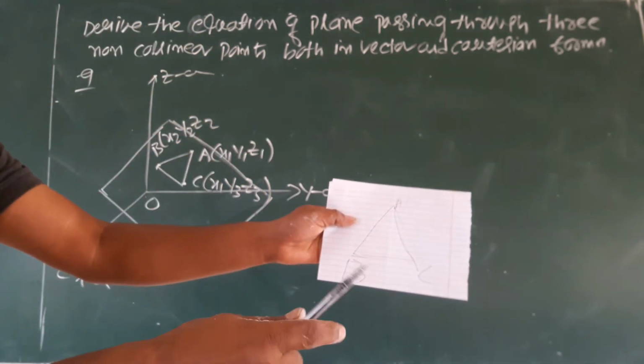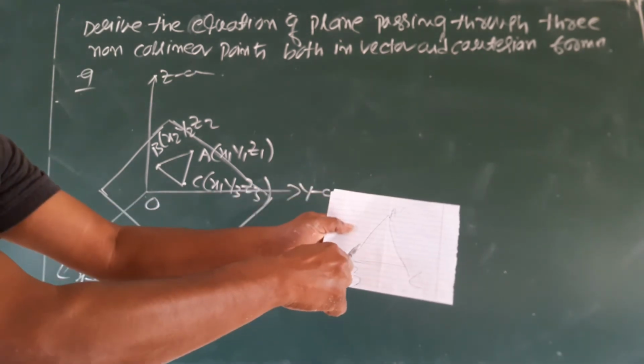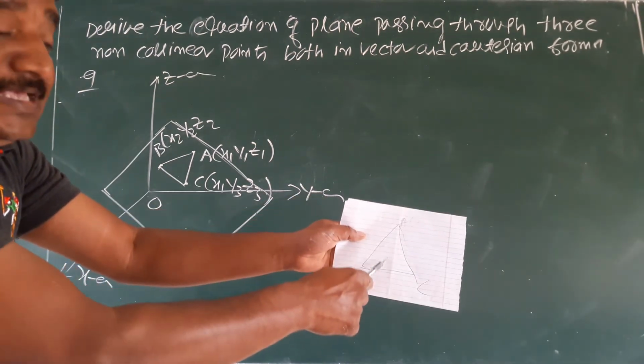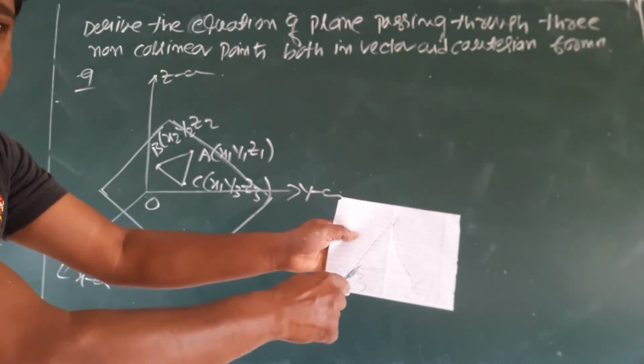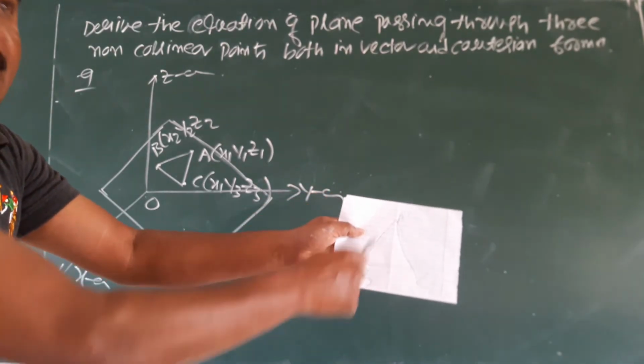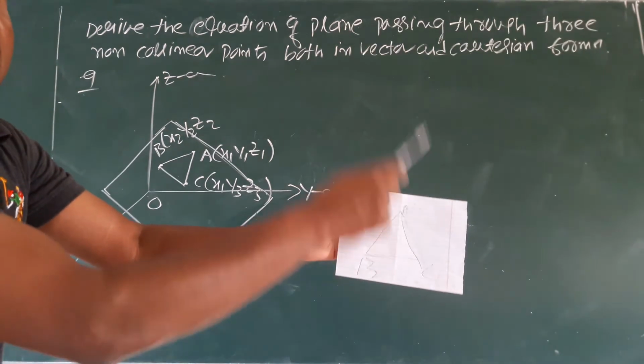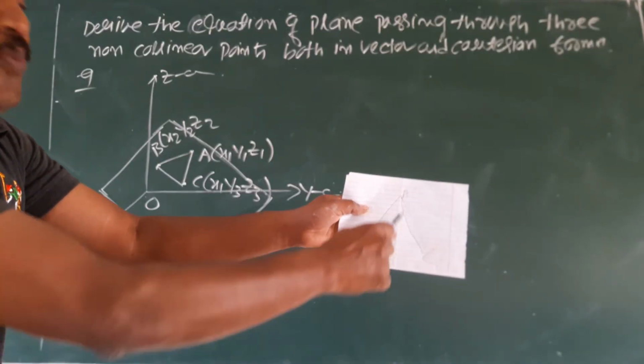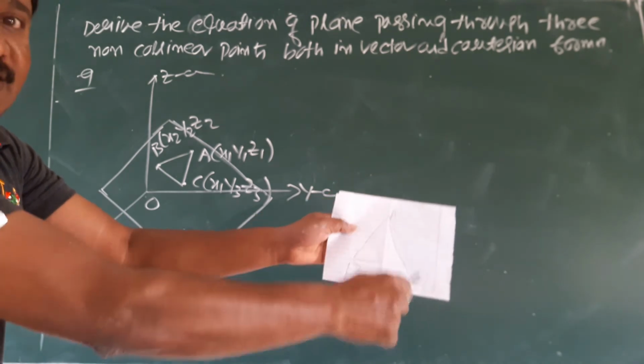According to that, since vector AB and vector AC lie on the plane, vector AB cross vector AC must be perpendicular to both vector AB and vector AC.